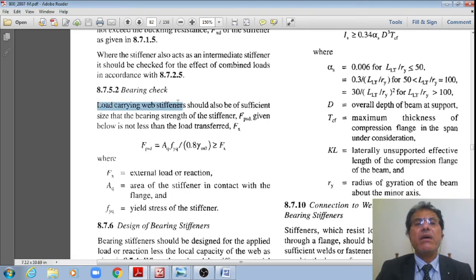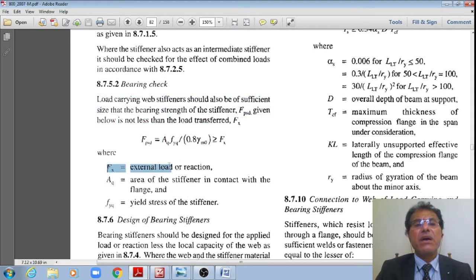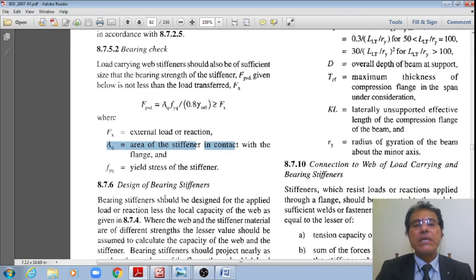The load carrying web stiffener should be of sufficient size that the bearing strength of the stiffener, F_psd, given by A_q f_yq divided by 0.8 γ_m0, should be greater than F_x, where F_x is the external load or reaction, A_q is the area of the stiffener in contact with the flange, and f_yq is the yield stress of the stiffener.